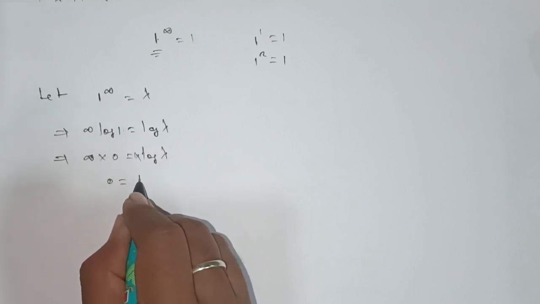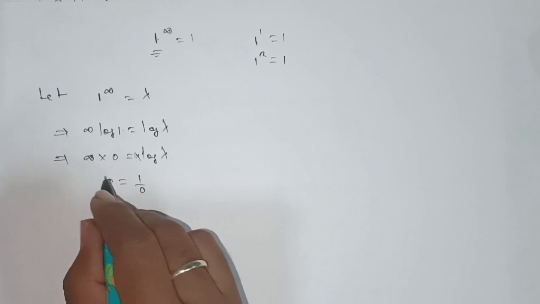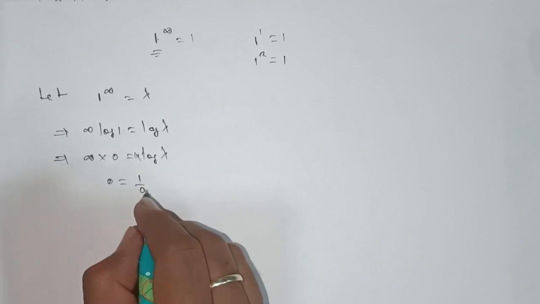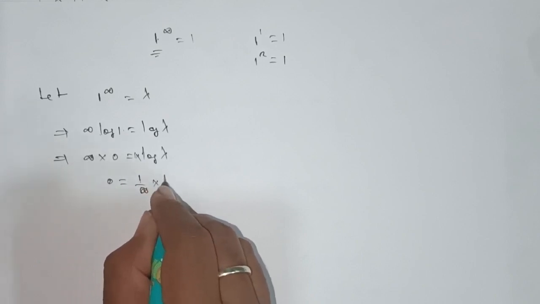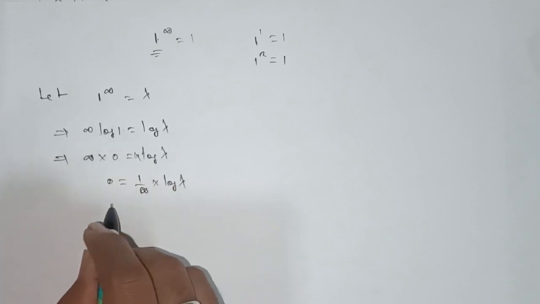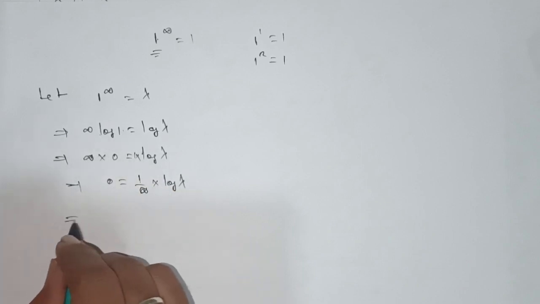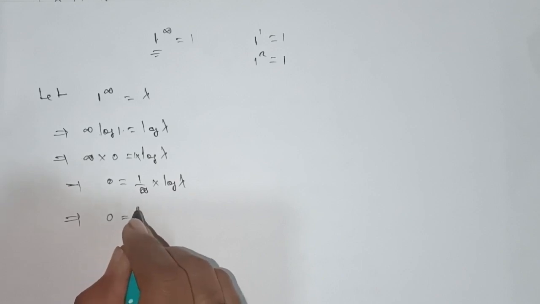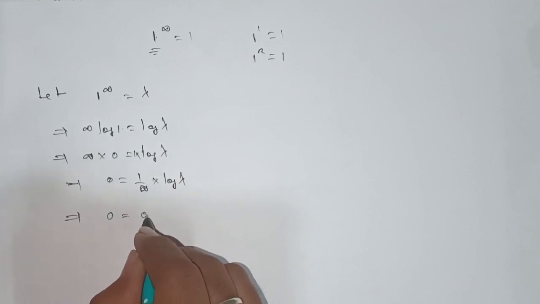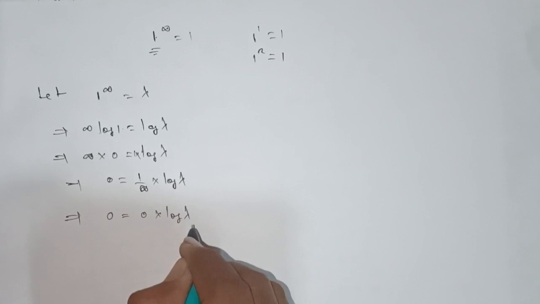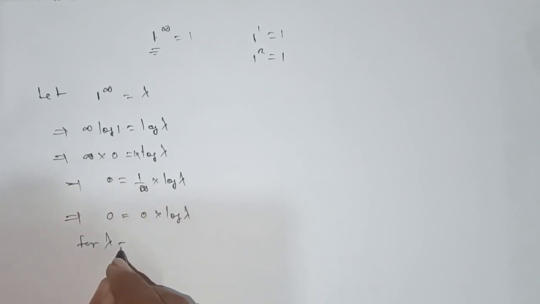Here you have 1, so 1 by infinity into log lambda. And now we'll use the limiting concept, that 1 by infinity gives 0, so we get 0 log lambda.